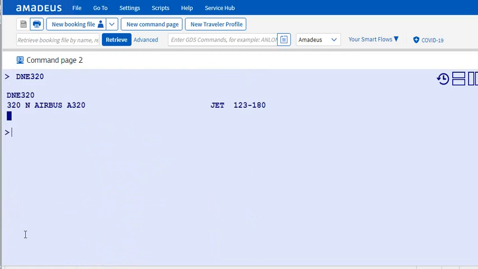So 320 is a particular aircraft from Airbus, and it is a jet with 123 seats, maybe not less than 123 seats, not more than 180 seats, depending on the different classes of service. So DNE 320, it is decoding that particular aircraft type or equipment type. E stands for equipment or aircraft.